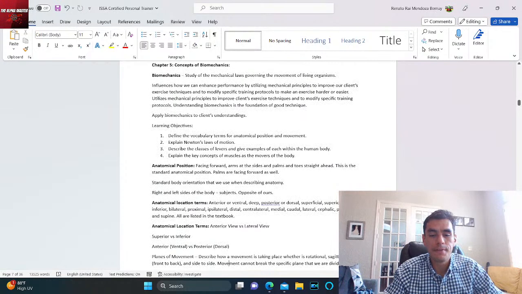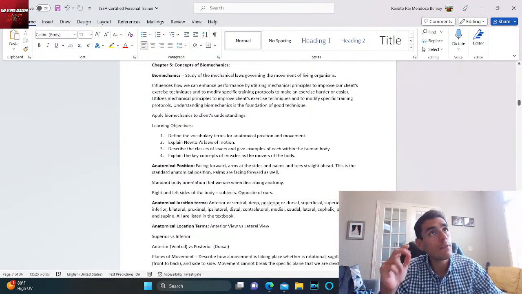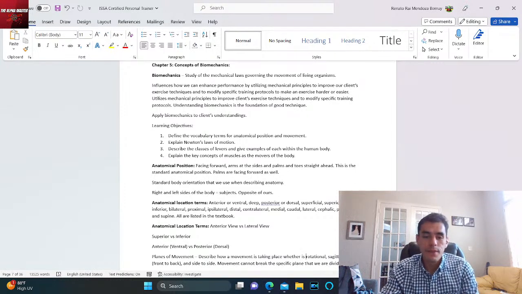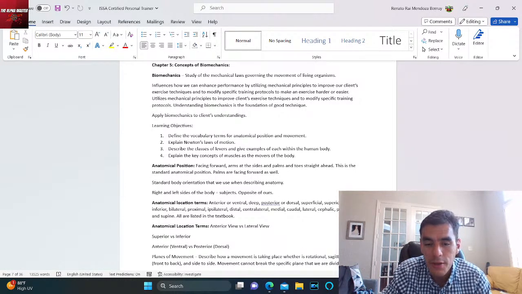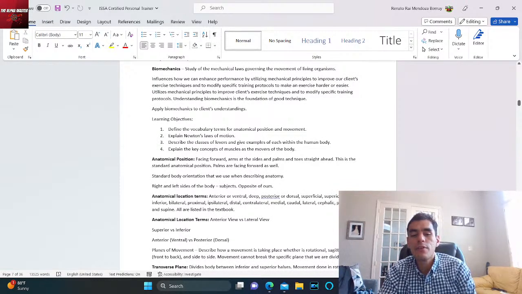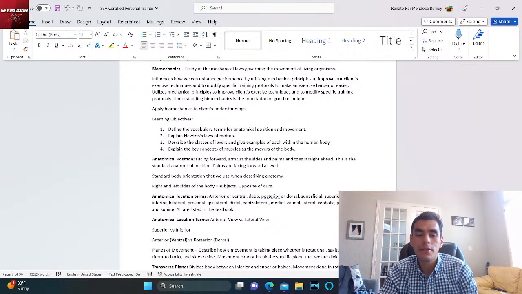Now the planes of movement. You have sagittal, frontal, and transverse. The planes of movement describe how a movement is taking place, whether it is rotational, front to back, or side to side.